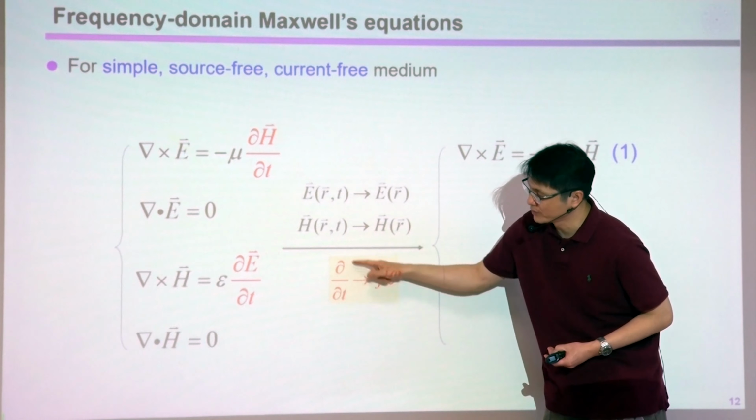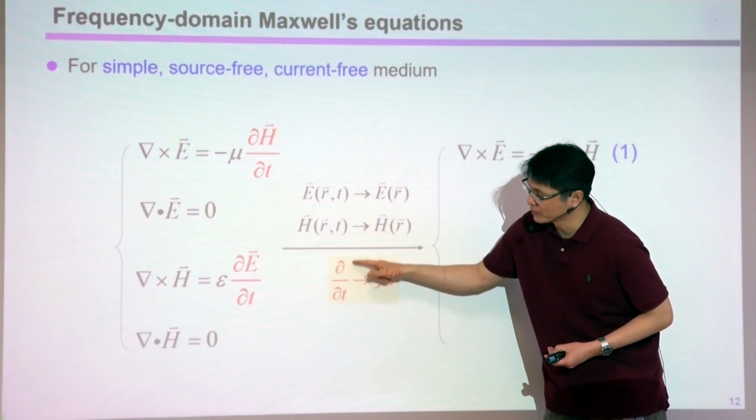So eventually, this equation is called the Helmholtz equation. It is explicitly in the frequency domain. Right? You don't see the time domain variations anymore, but you see omega now explicitly.